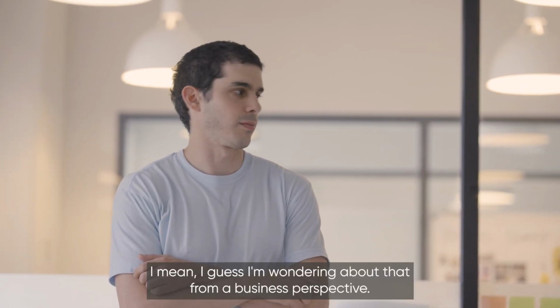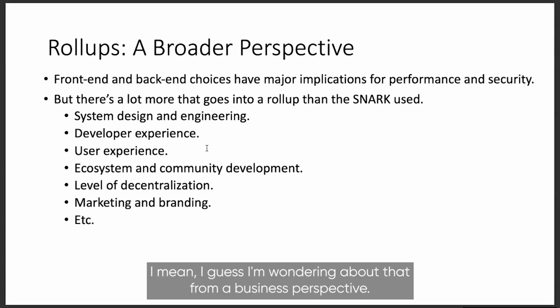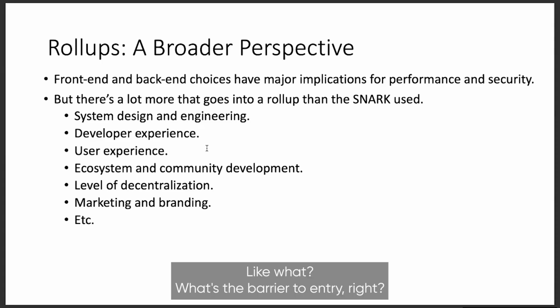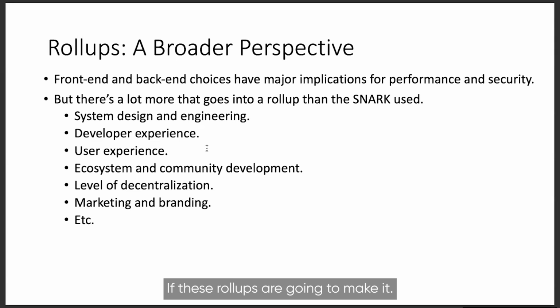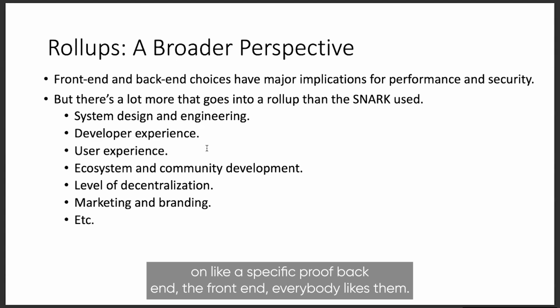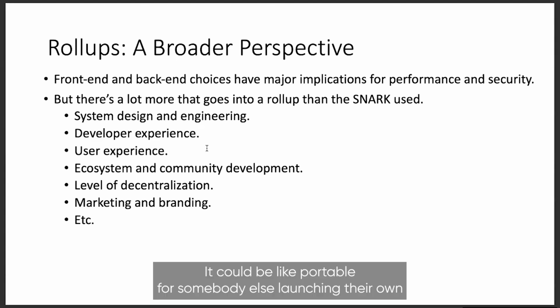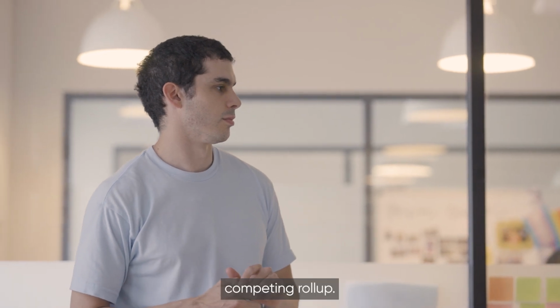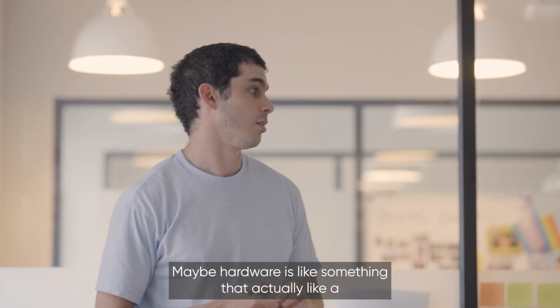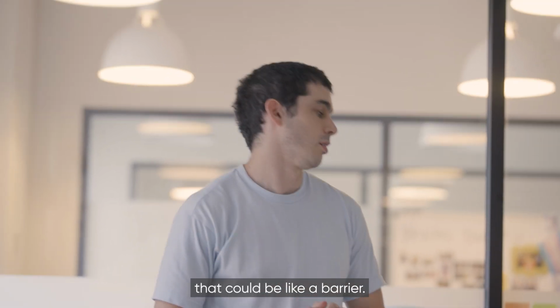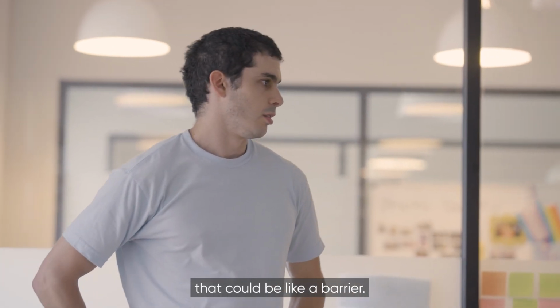I'm wondering, from a business perspective, what's the barrier to entry for any of these rollups? If the market settles on a specific proof backend and front end that everybody likes, then it could be portable for somebody else launching their own competing rollup. Maybe hardware is actually a barrier.